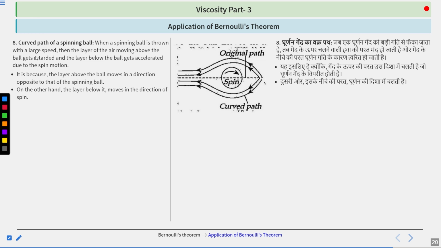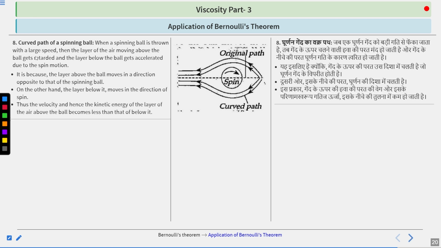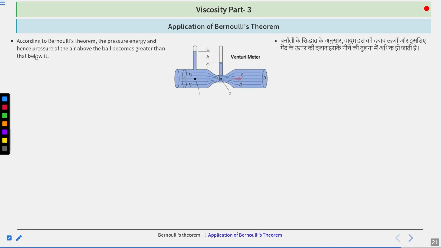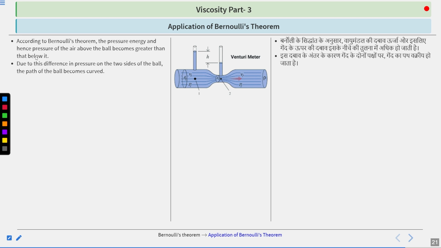On the other hand, the layer below it moves in the direction of spin. Thus, the velocity and hence the kinetic energy of the layer of air above the ball becomes less than that below it. According to Bernoulli's theorem, the pressure energy and hence pressure of the air above the ball becomes greater than below it.